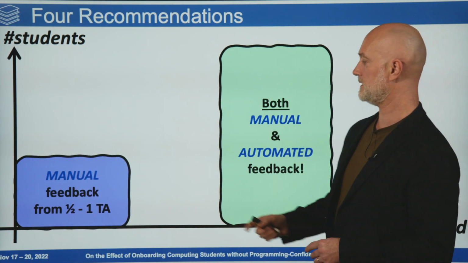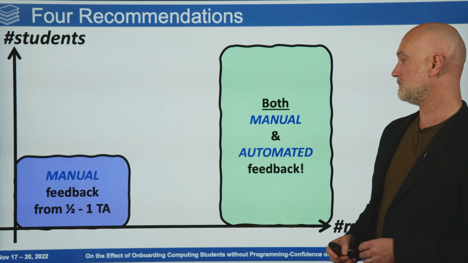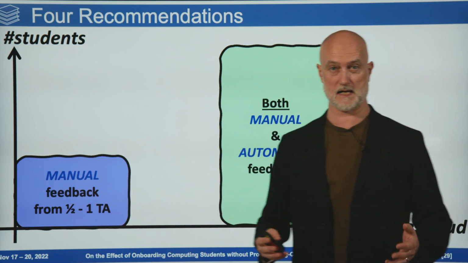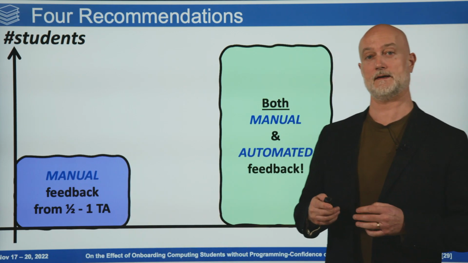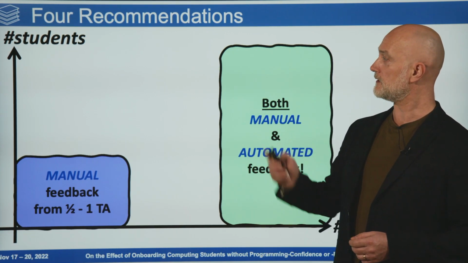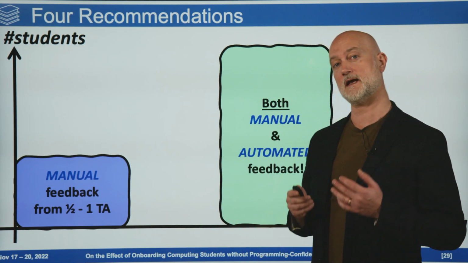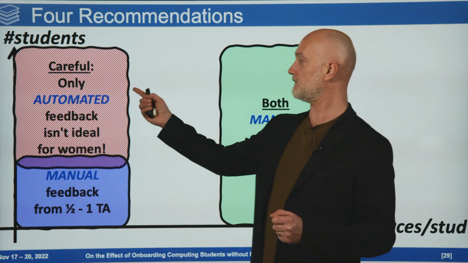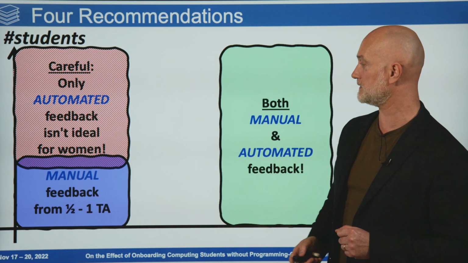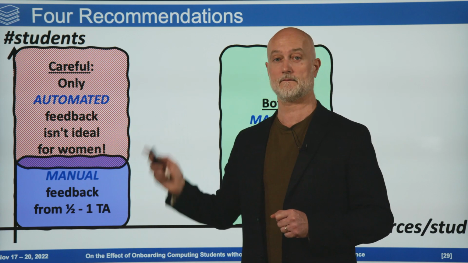If you have few resources and few students, you may want to provide only manual feedback from possibly a part-time TA, and eliminate the overhead cost of automation. Universities with many students and few per-student resources may be tempted to provide only automated assessment. But here we advise a word of caution: our results show that this is not ideal, in particular for women.